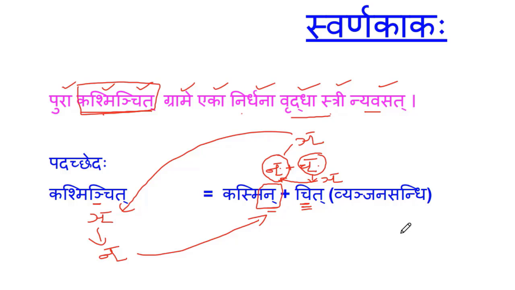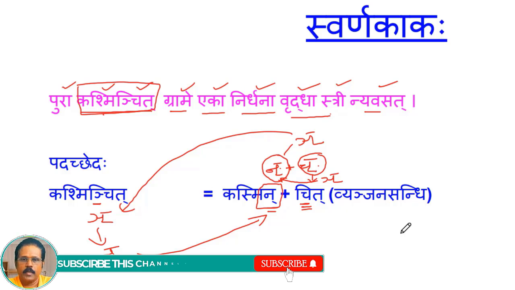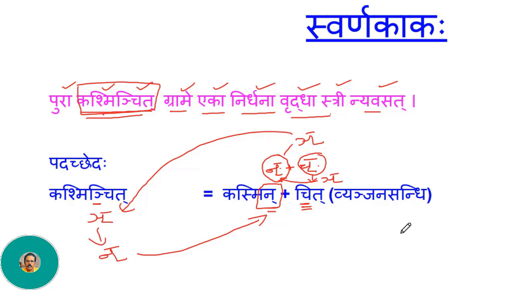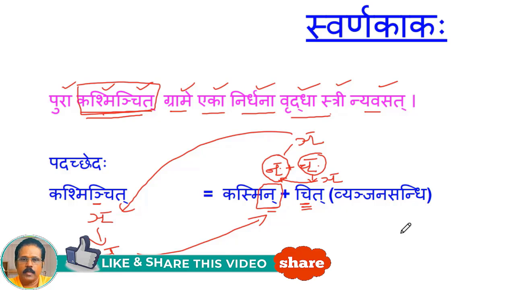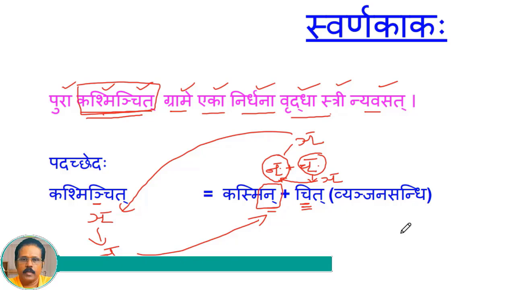What kind of lady? Nirdhana means poor. A poor old lady lived. How many? Eka, one. Where? Grame, in a village. Which village? Kasminchit, one of the villages. We don't know the name of this village. In one village, there was a poor old lady.